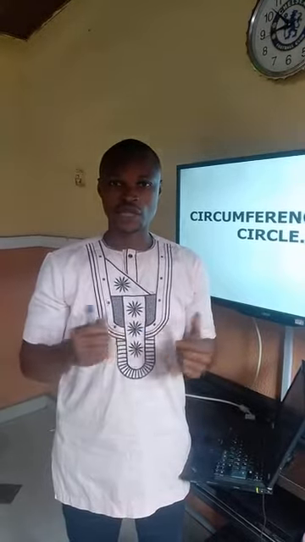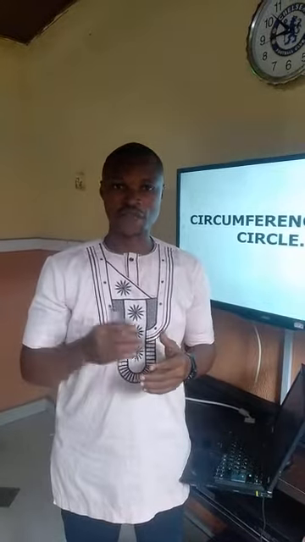Alright, so the ancient Greek mathematicians came up with a formula on how to calculate the circumference of a circle. They found out that the circumference of a circle is about 3.14 times the diameter of the given circle. So that 3.14 is denoted with the symbol pi.